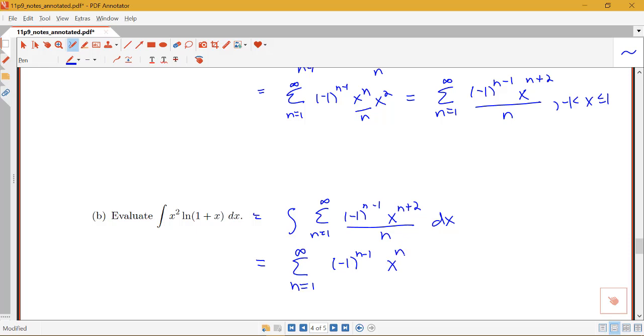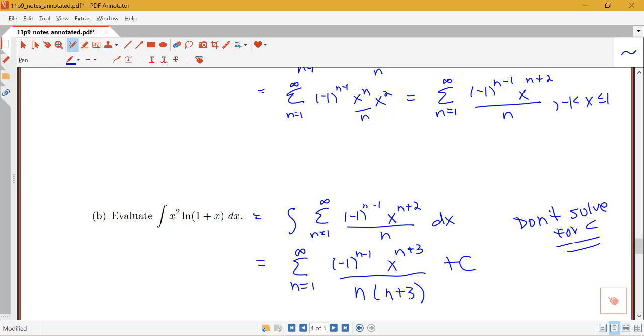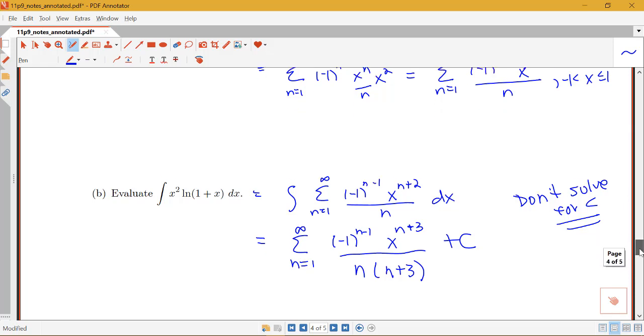This will be x to the n plus 2 plus 1, so n plus 3, all over n stays the same, that's just a constant, and then times my n plus 3, and then plus my constant of integration. So here we don't solve for c like we did before, because I don't have some known function that is my antiderivative. This whole thing is my antiderivative of x squared log of 1 plus x.